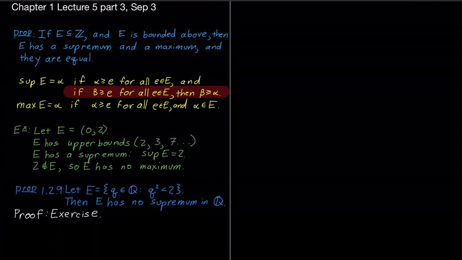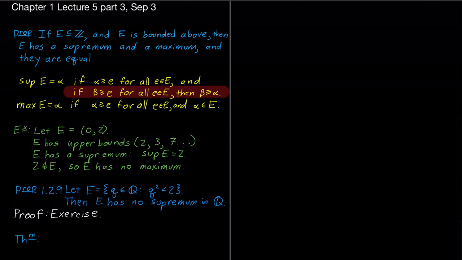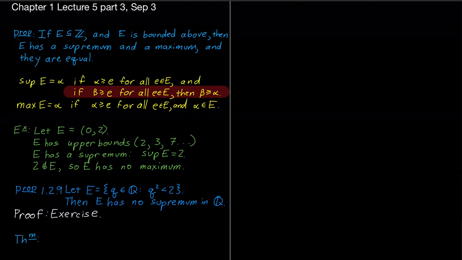So now we're going to state a theorem that tells us that the real numbers are sort of in between the rational numbers and the integers. They're not quite as nice as the integers. They're sets with no maximum, but they're nicer than the rationals. Every set has a supremum, at least every set that's bounded above.